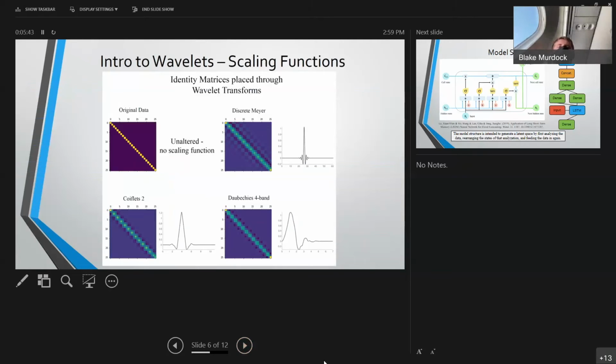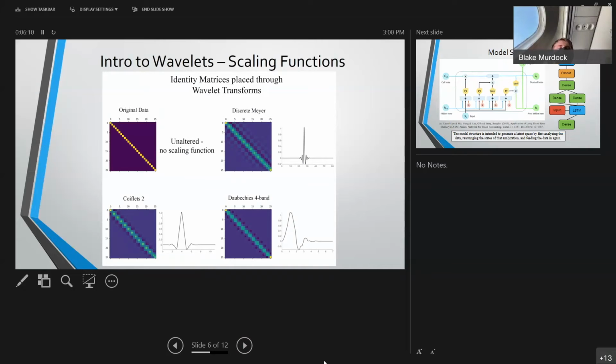So I use a few different kinds of wavelets. For demonstration, I use the identity matrix, which is just a matrix full of zeros with a diagonal of ones. I put it through the wavelet transform, only take the approximation part, and then put it through the inverse wavelet transform, so you get that fuzzy generalized version. As you can see, the discrete Meyer and coiflets are both symmetric.